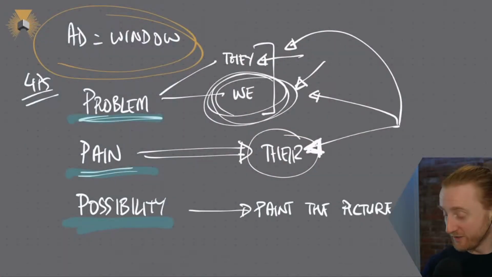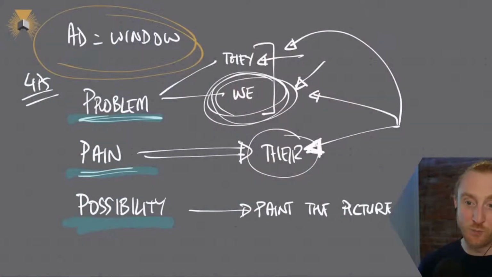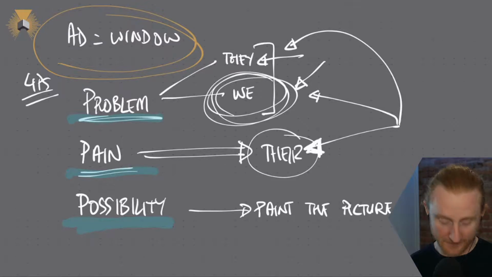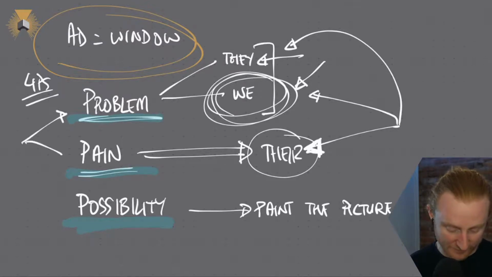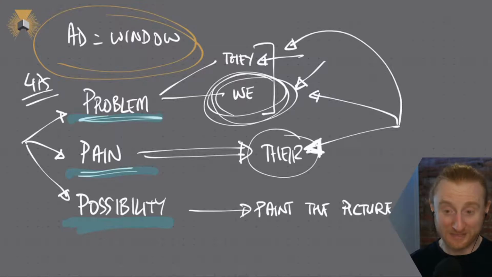Now, if you've been to copywriting 101, you've probably heard a lot of these terms. But I'm telling you, if you want your ads to work, it's not going to be some super secret copywriting strategy. What's going to get them to work is you being hyper clear on these four things.